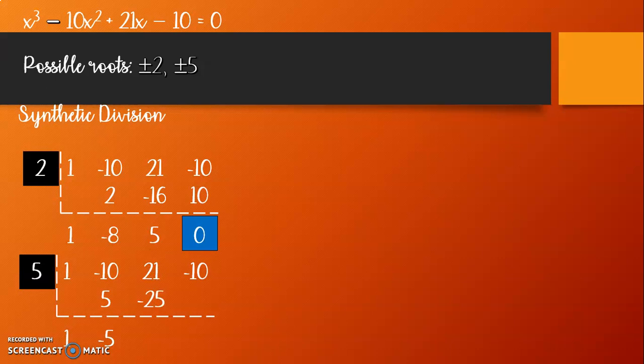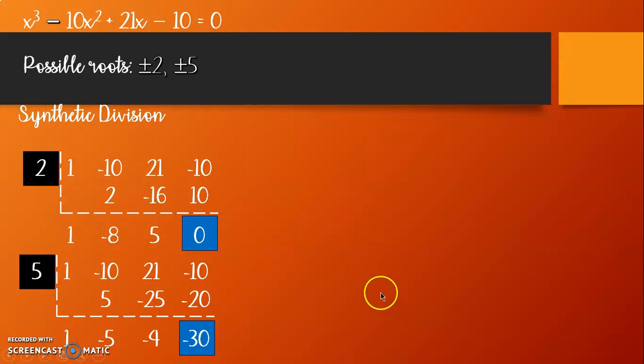Then add 21 plus negative 25 is negative 4. Negative 4 times 5 is negative 20. Then add negative 10 and negative 20 gives us negative 30. Since there is a remainder, then 5 is not a root of the polynomial equation.